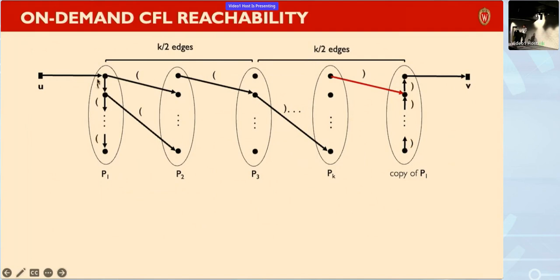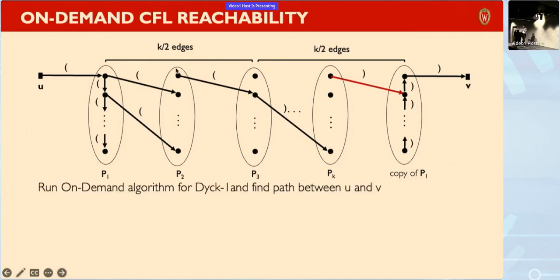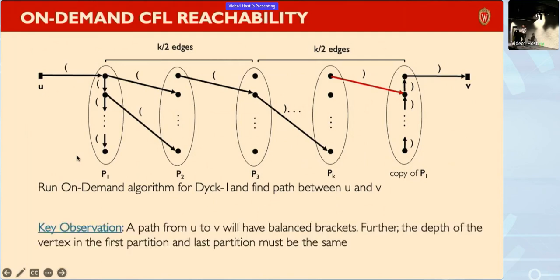Then for all of the edges that we introduced in P1 and the copy of P1, we again add open brackets and closed brackets. And finally, between the edges of U to the first and the last one, we have an open and closed bracket. Now we run the on-demand algorithm for Dyck 1 and try to find a path between U and V. The key observation here is that if you find a path from U to V, these brackets will be balanced.